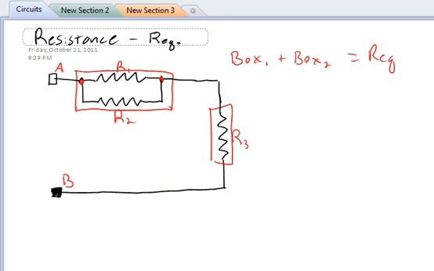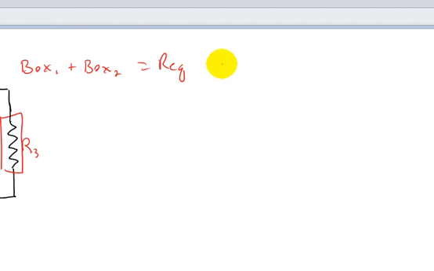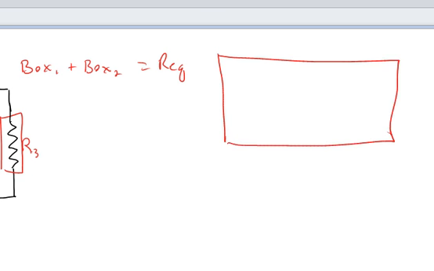Now, coming over here, looking at box 2, I'm going to redraw it bigger. We have a terminal coming in, and then it breaks off into a resistor, and then in parallel with that we have another resistor.